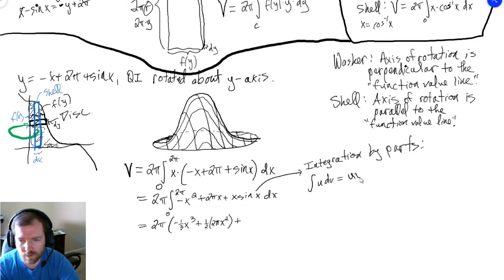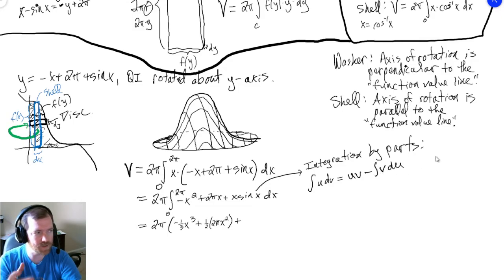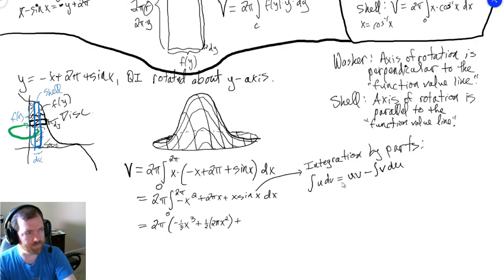We're going to get uv minus integral v du. Again, this is stemming from the product rule.